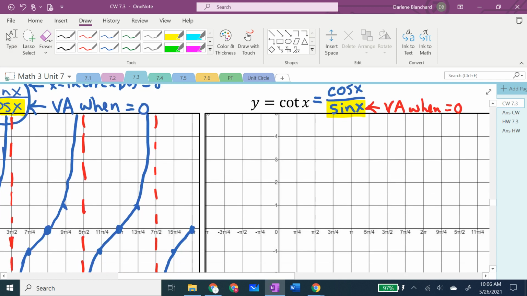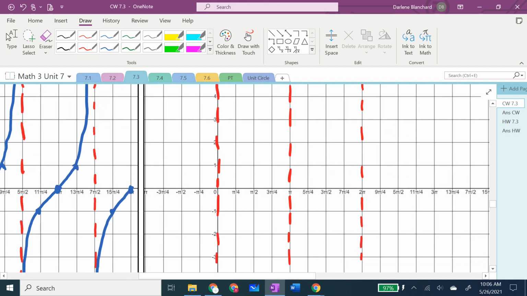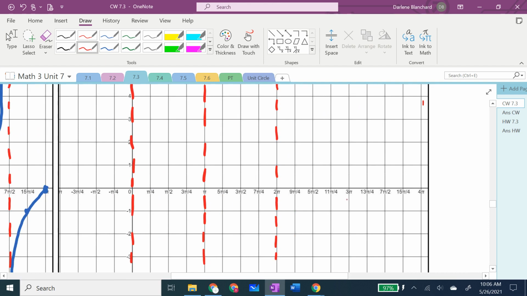Sine is equal to 0 at 0, pi, 2 pi, 3 pi, 4 pi, and if I go backward, negative pi.